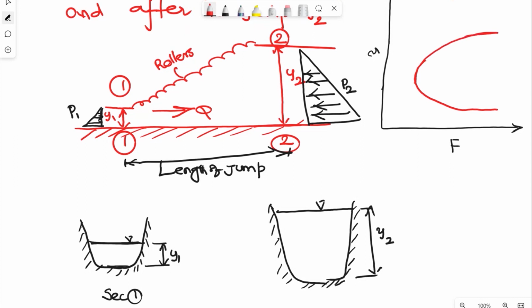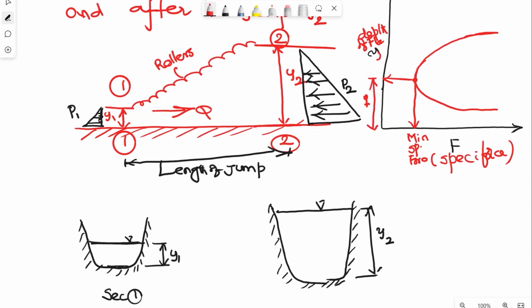F is nothing but what is called the specific force. I will explain. X is specific force, this is depth of flow. So I get at some point this minimum specific force. Corresponding to this minimum specific force, the depth is called critical depth.